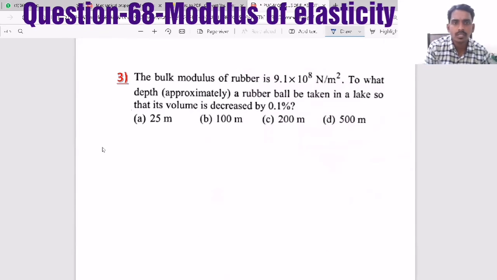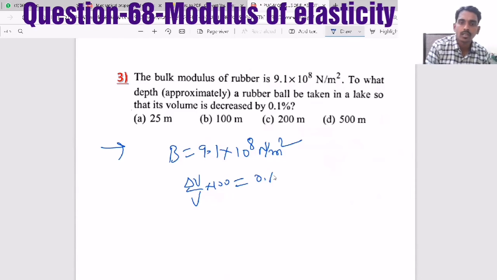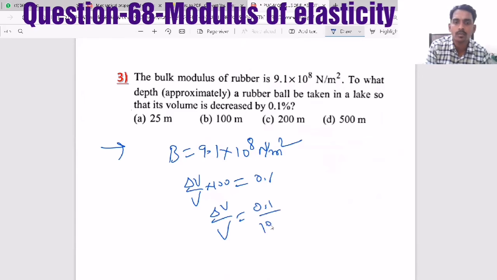Now, here is a question based on bulk modulus. The bulk modulus they have given as 9.1 into 10 power 8 Newton per meter square. To what depth should a rubber ball be taken in a lake so that its volume decreases by 0.1 percent? The percentage change in a quantity means delta x by x into 100, that is 0.1. So you will get volume strain as 0.1 by 100, nothing but 10 power minus 3. So bulk modulus is given, volume strain is given.